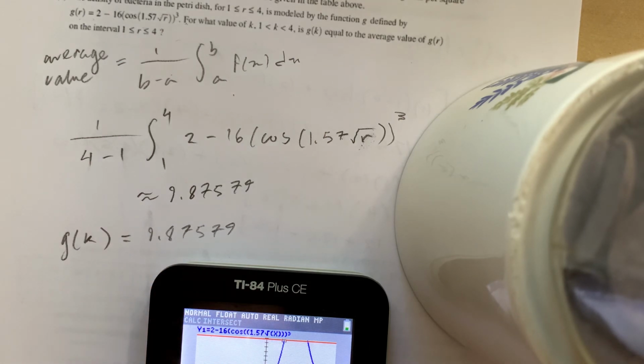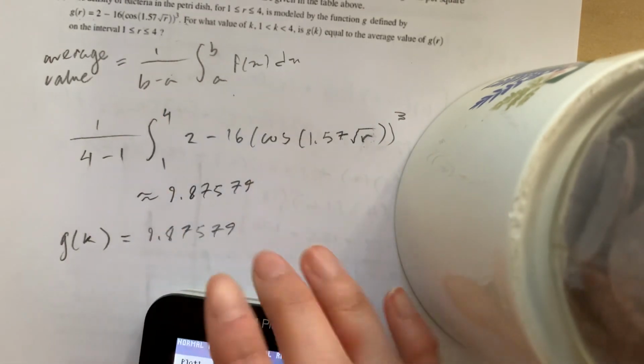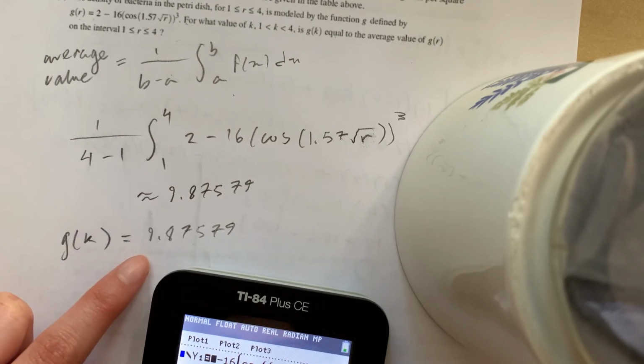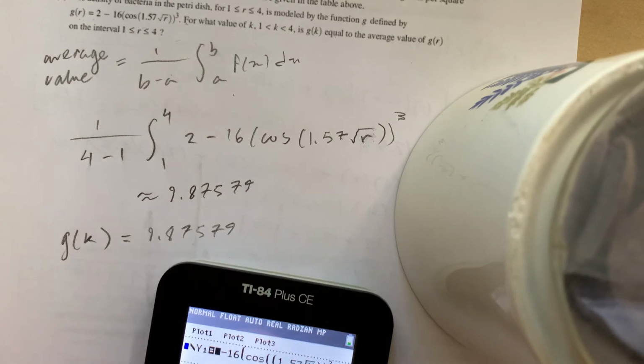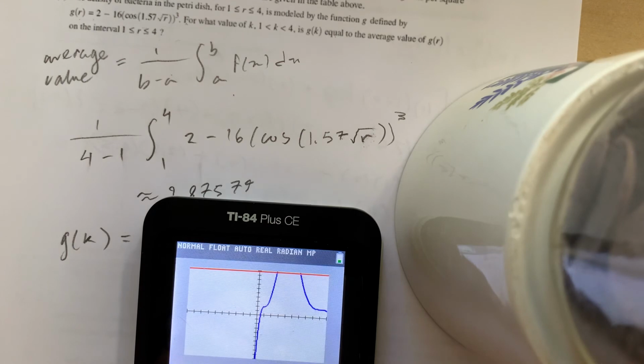So what I did is I went to the Y and put the average value as a line on the Y. And so when I graph g of r, the function, and I have the average value on the interval, what I can do to find the value of K is go to calc.